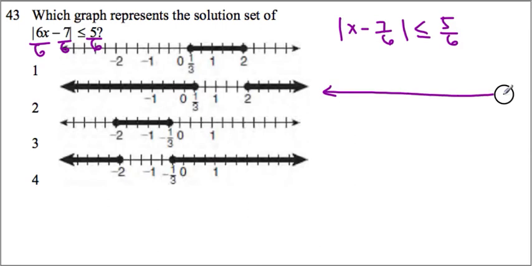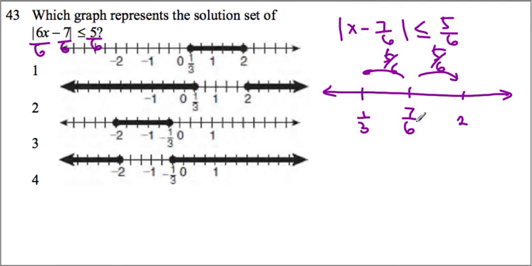That means from the center, 7 over 6, we're going to add and subtract 5 over 6. So if you add 5 over 6 to 7 over 6, then we'll end up getting 12 over 6, which is equal to 2. On the other hand, if you go down by 5 over 6 from 7 over 6, we'll be getting 2 over 6, which is equal to 1/3.